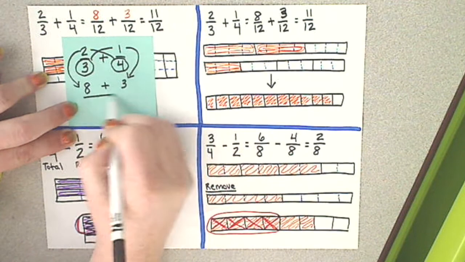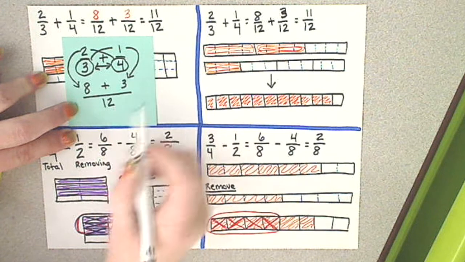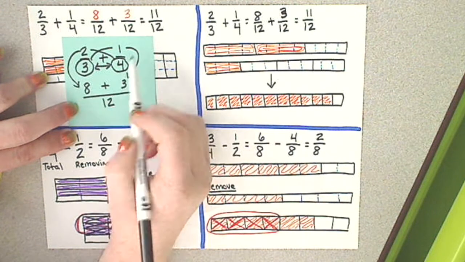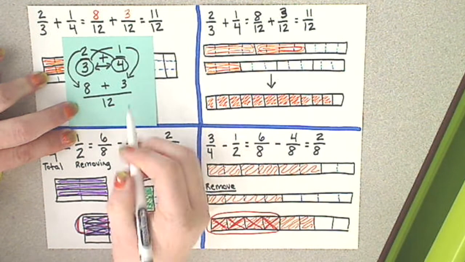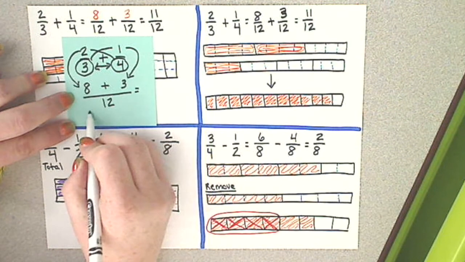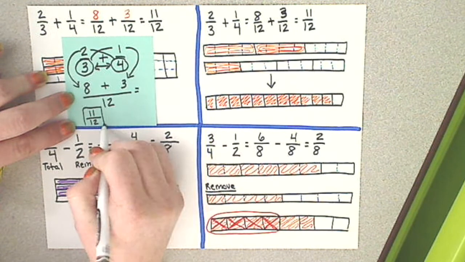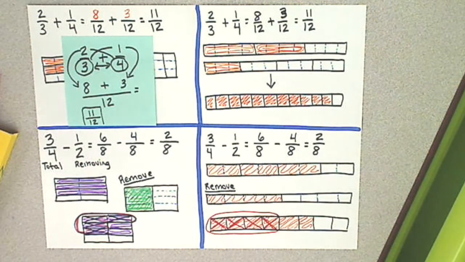We're still adding. 3 times 4 is 12. And look at this, 8/12, 3/12. 8 plus 3 is 11. Our denominator stays the same with the 12ths. Okay, easy, easy, easy.